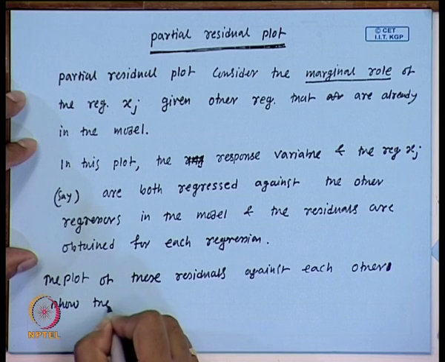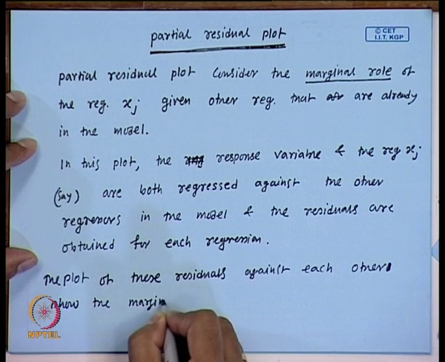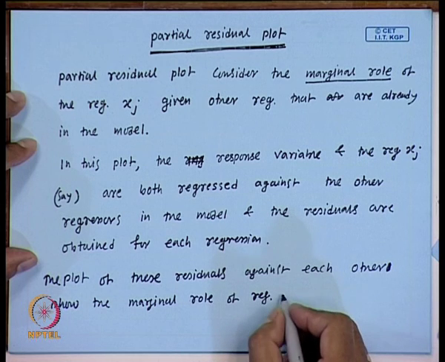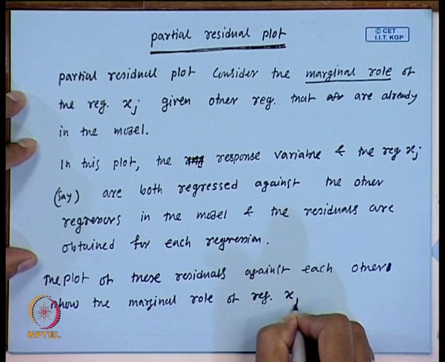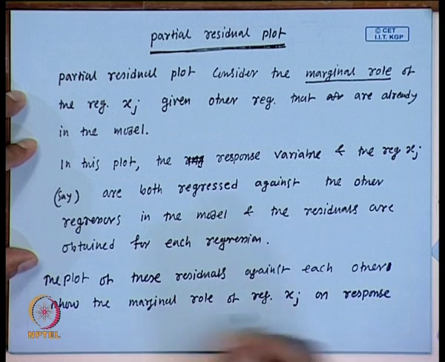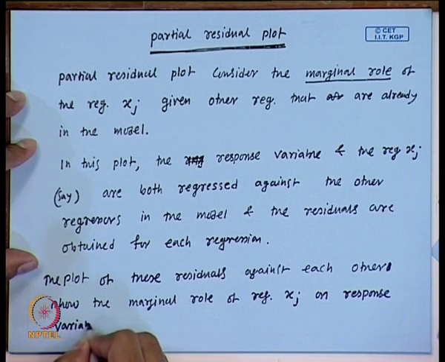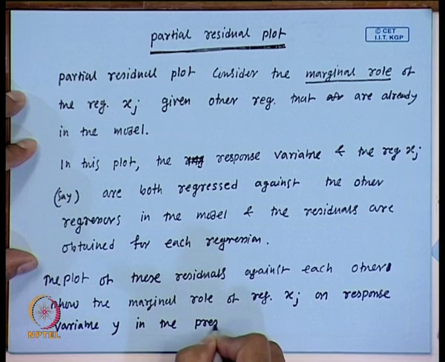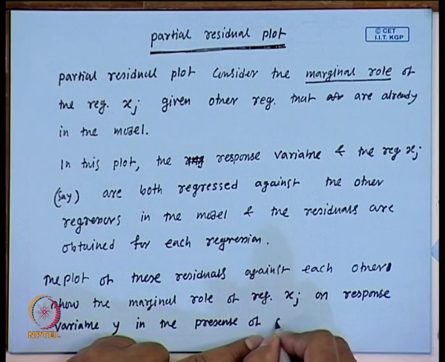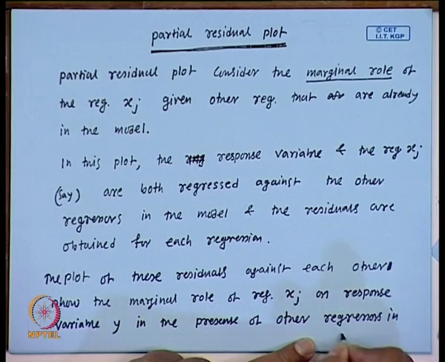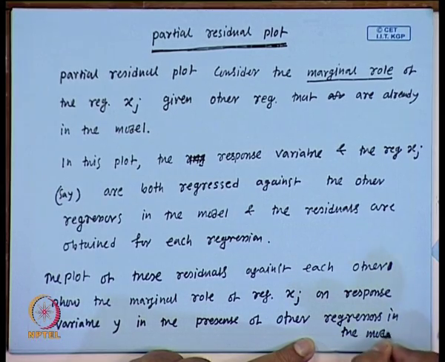The plot of these two residuals against each other shows the marginal role of the regressor xj on the response variable y in the presence of the other regressors in the model.